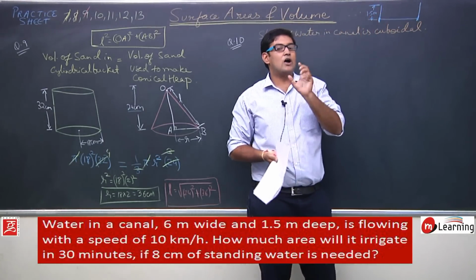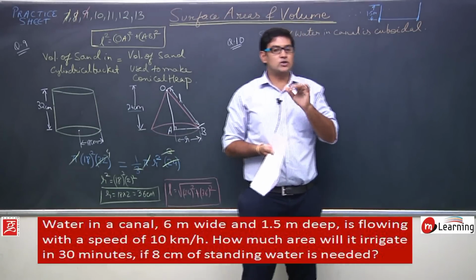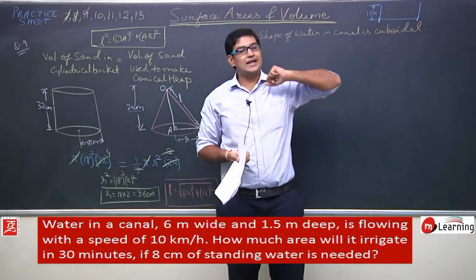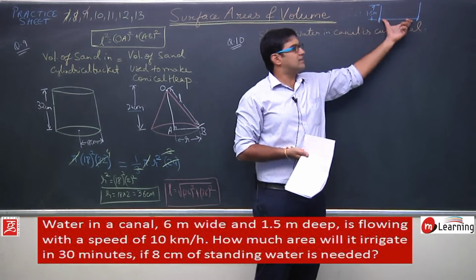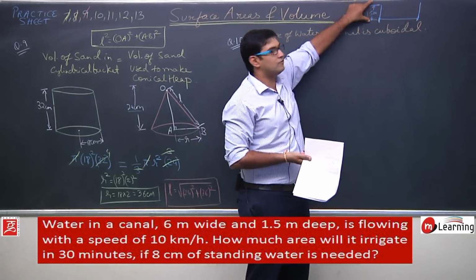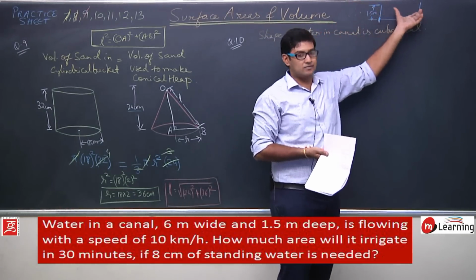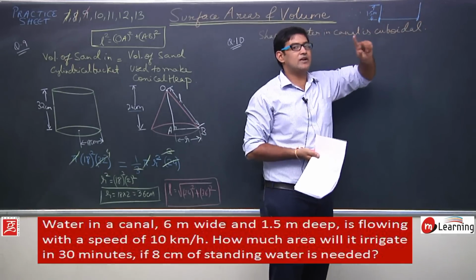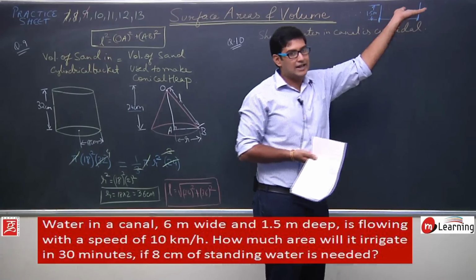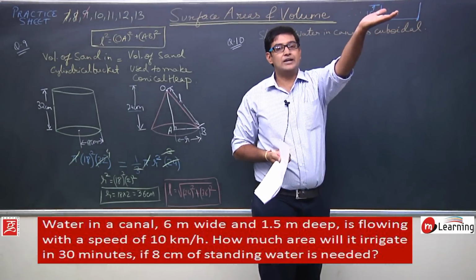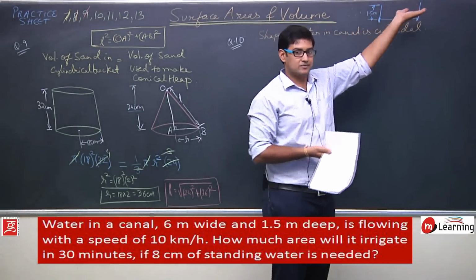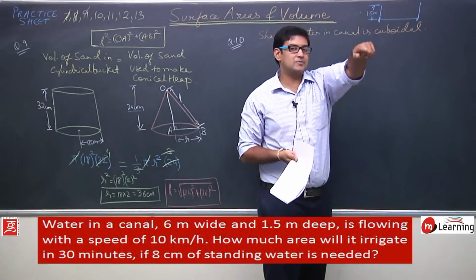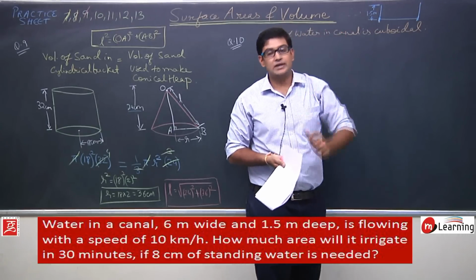So in 1 hour, how much volume of water should travel from this canal? Since the width is 6 meter and the height is 1.5 meter, the length over which the water is spread in 1 hour is 10 kilometers.